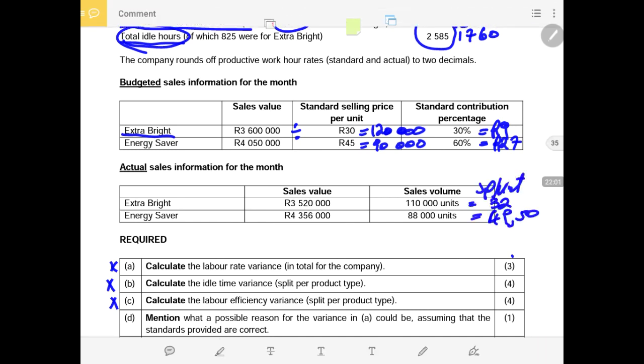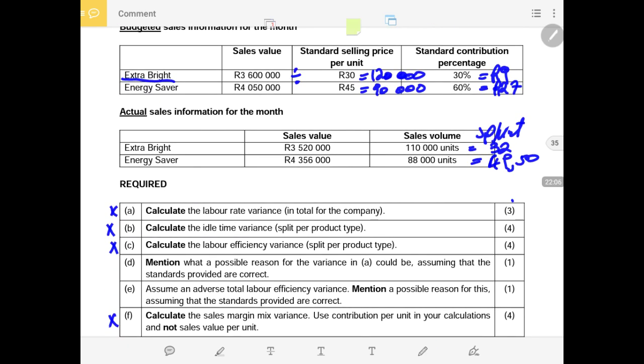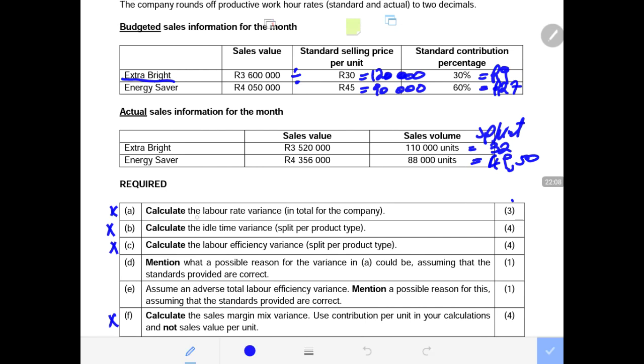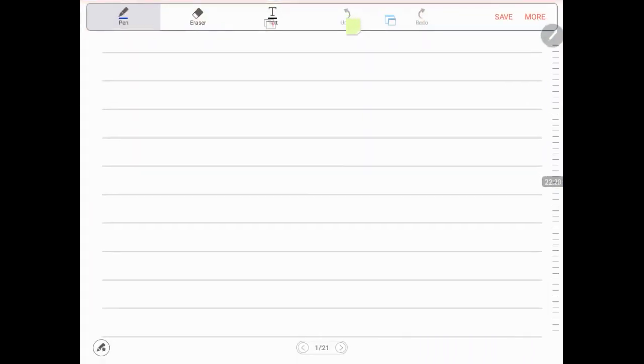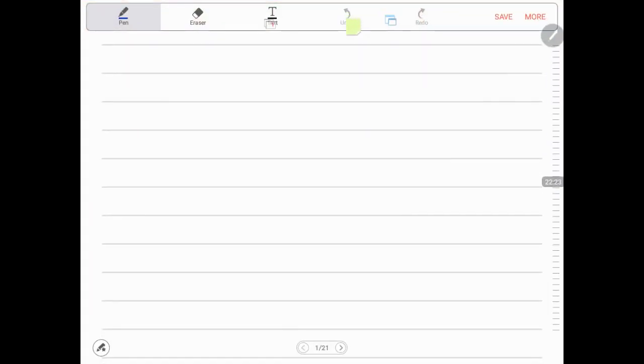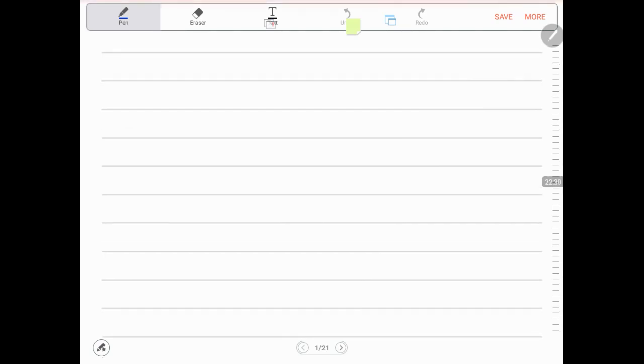Then now let me go to the response to the question. We are now required to calculate the labor rate variance in total for the company. Remember, we have two products, so we need to take into account both of the products that we have. And we know that when we are calculating the labor variance, we say standard hours minus actual hours, so actual hours, standard rate minus actual rate.